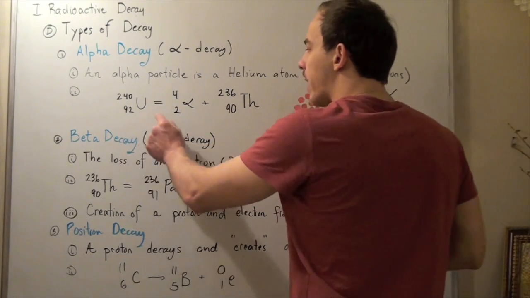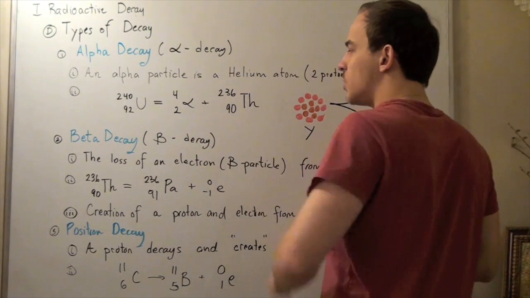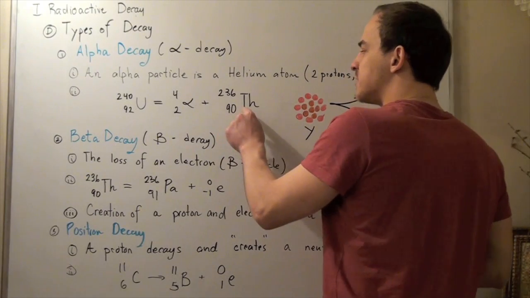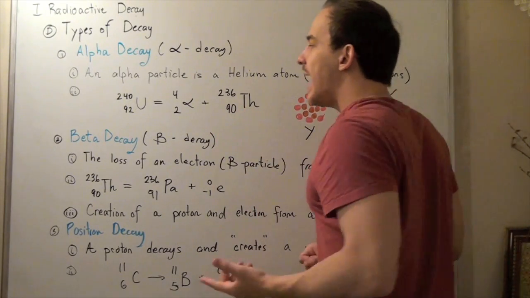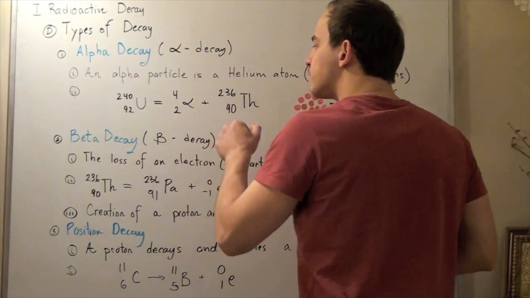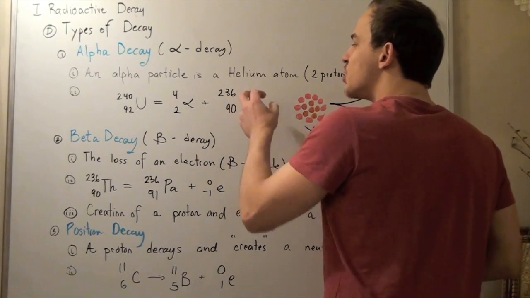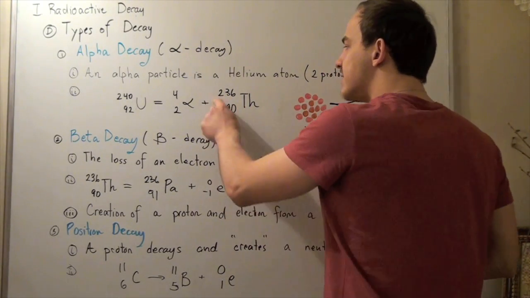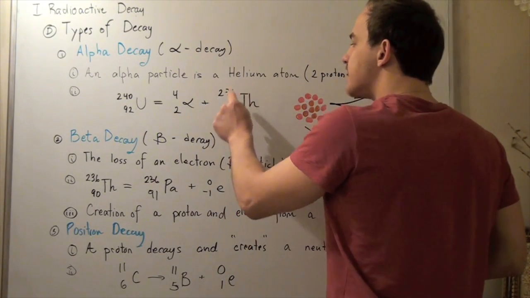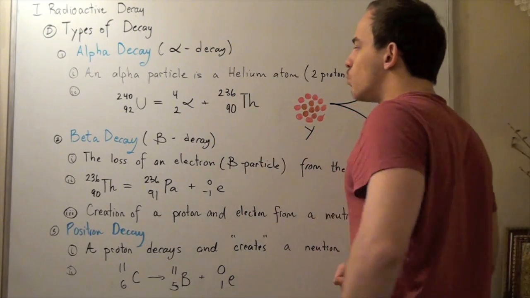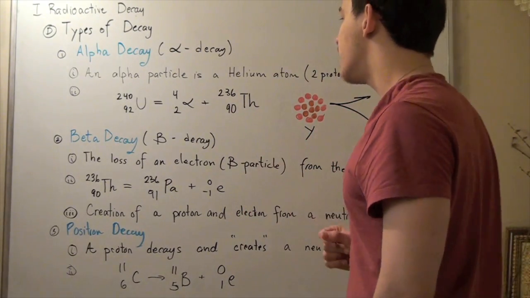So 92 minus 2 gives us 90 protons. So the atom is represented by this symbol Th, and it has 240 minus 4, so 236 nucleons. That means this atom has 236 minus 90, so it has 146 neutrons left.